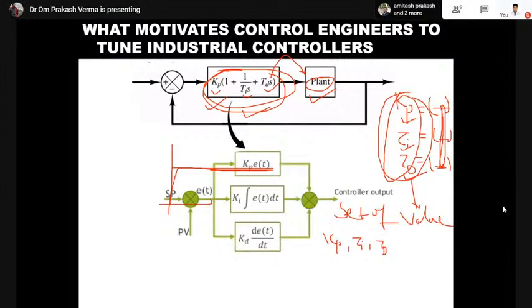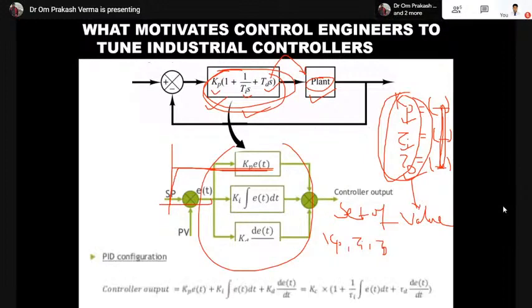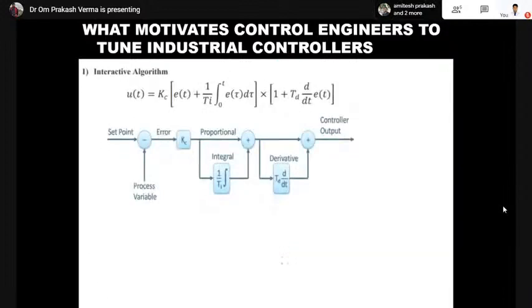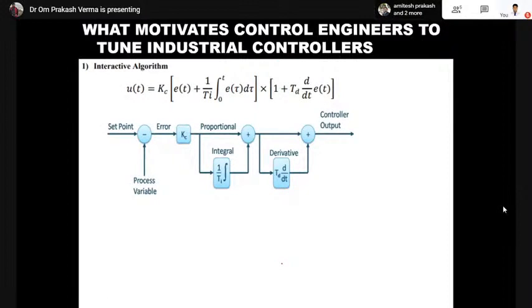This PID controller may be arranged in the parallel form here, and maybe the response looks like this, or this is the interactive type of PID controller.